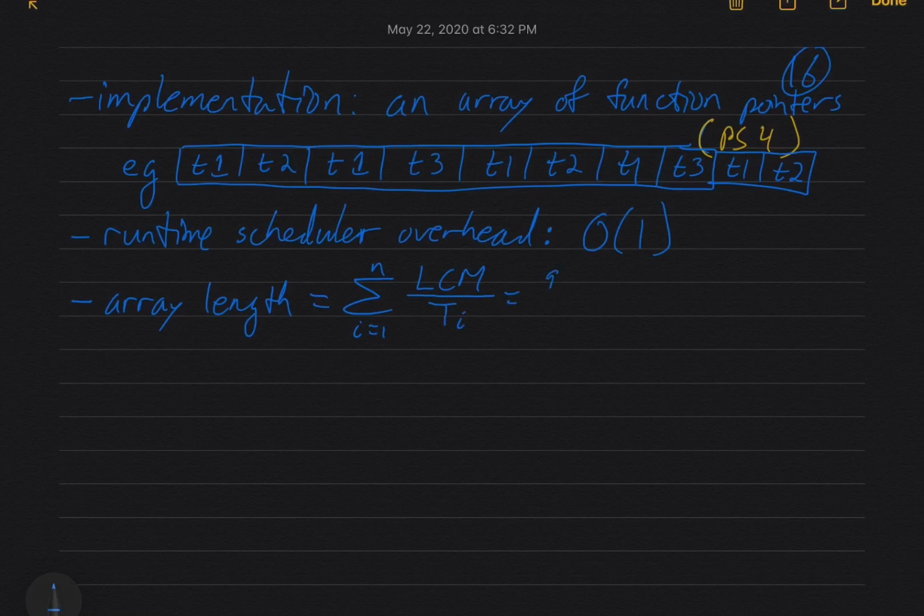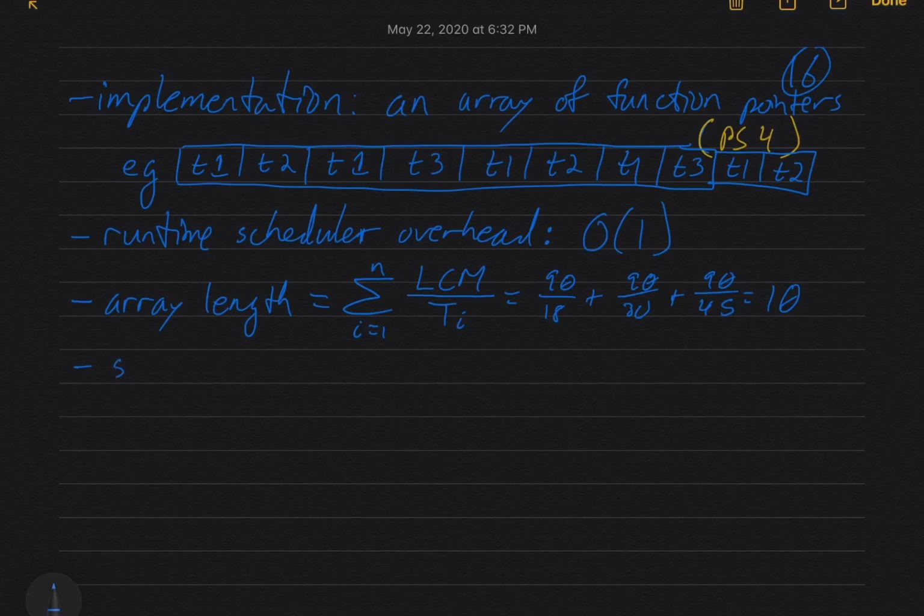So in our example, that's 90 over 18 plus 90 over 30 plus 90 over 45 gives you 5 plus 3 plus 2 gives you 10. So in our example, that wasn't too bad.